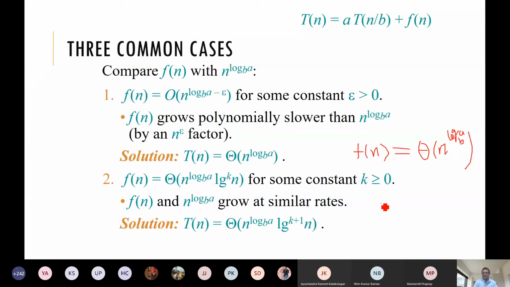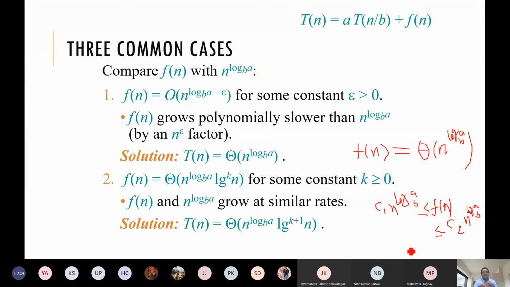That means we have two constants C1 and C2, so C1 times n to the power log a base b is less than or equal to fn, which is again less than or equal to C2, another constant, times n to the power log a base b. So that means fn is bounded on both sides by n to the power log a base b.